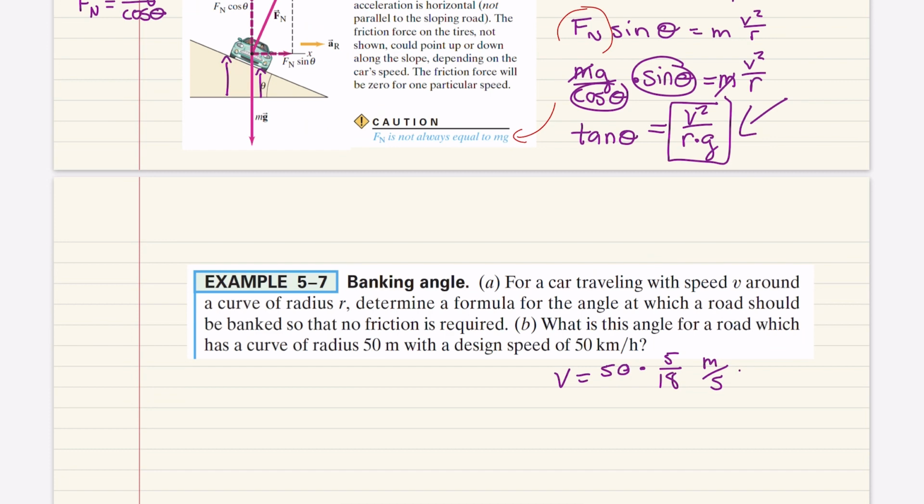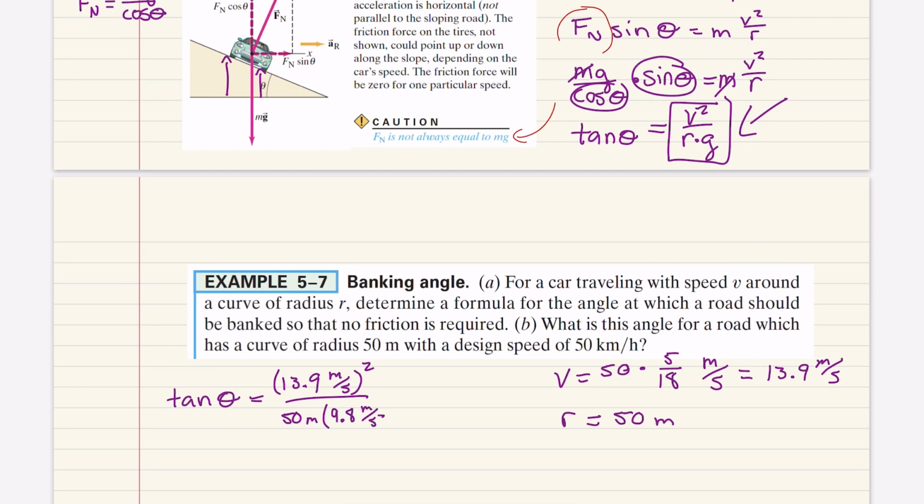Yeah, we have about 13.9 meters per second. And then we have a radius of 50 meters. If we take what we just derived up here, we could say that tangent theta is going to be equal to 13.9 meters per second, this quantity squared, divided by 50 meters times 9.8 meters per second squared.